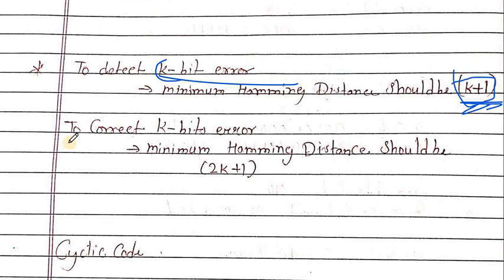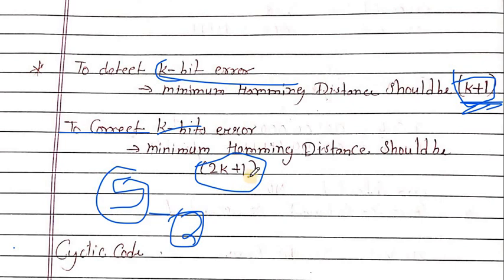If we want to correct k bits of error, we need a Hamming distance of 2k plus 1, because we know that with a Hamming distance of 5, the receiver will correct only up to 2 bits of error. So after applying the formula, we get 2.